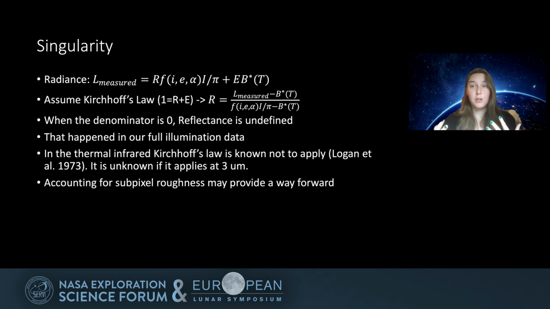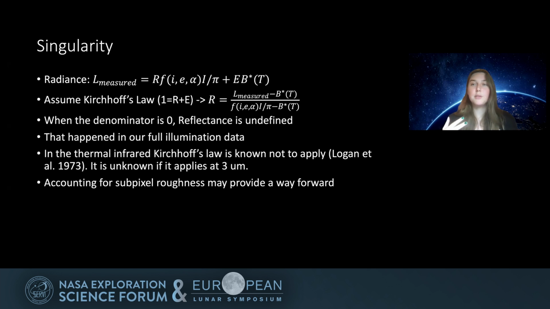So at least for the full illumination data set, what's different might not be that the hydration has changed, but that our ability to measure it is different. This is a problem for that data set, and it's a problem for other places on the moon as well. And then as we go into the eclipse, the singularity isn't happening at 3 microns anymore, and we can see what's going on better.